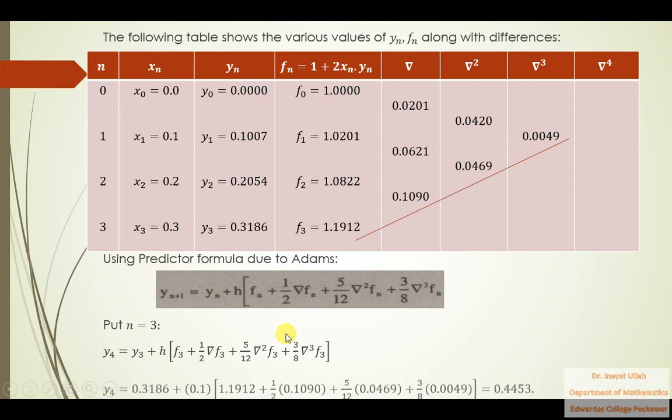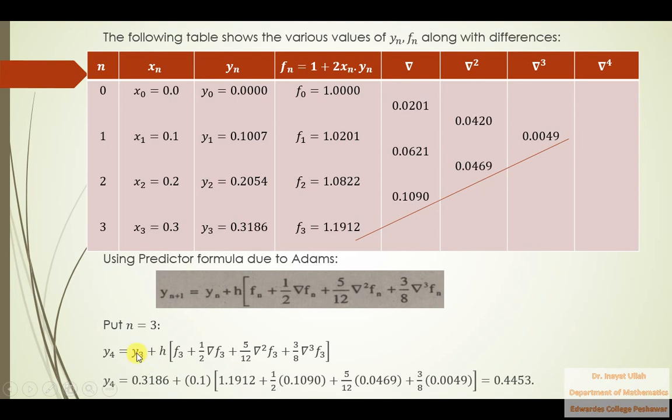Now from the table, replace y3 by its own value. h is the step size, which is 0.1 here, and f3 from the table is 1.1912. Nabla f3 is this one.